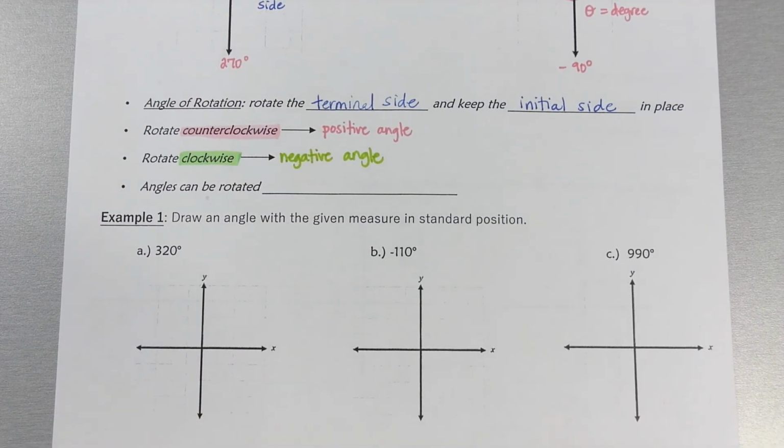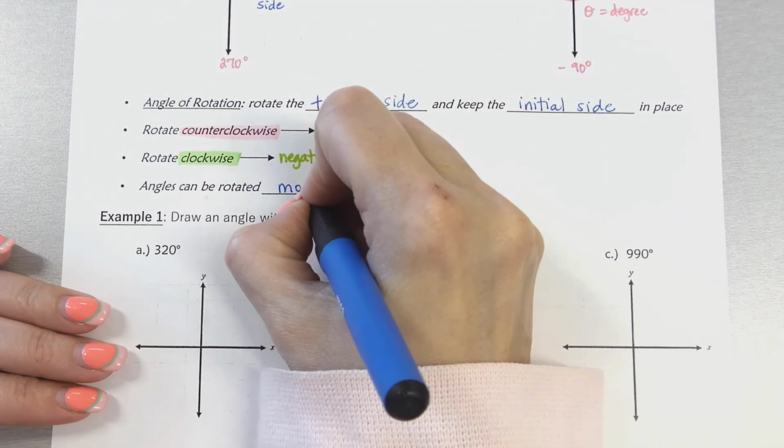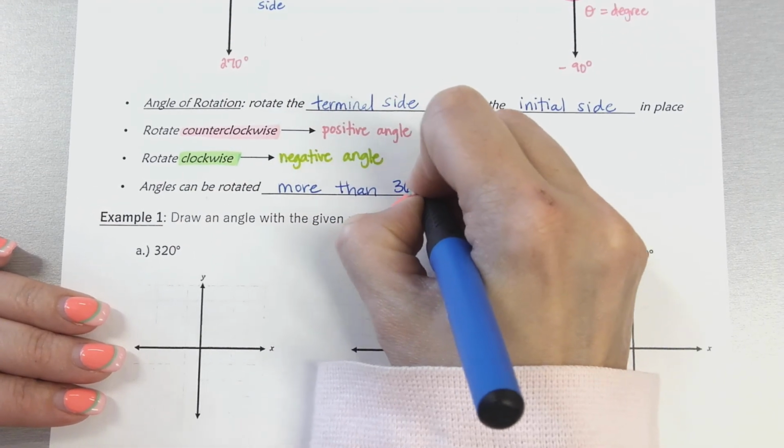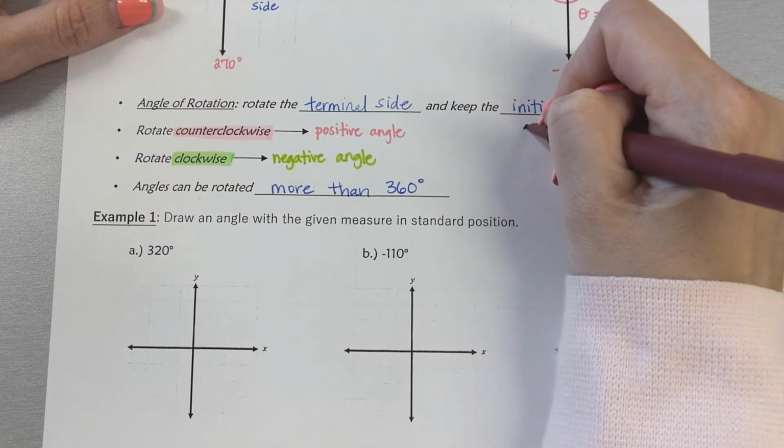Okay, when you are rotating angles, you can rotate angles to more than 360 degrees. Okay, it wraps around, it makes a spiral. So we are going to graph one of those together.